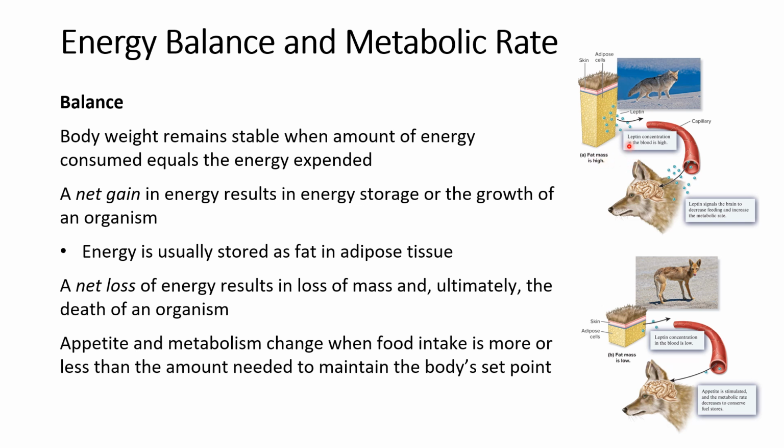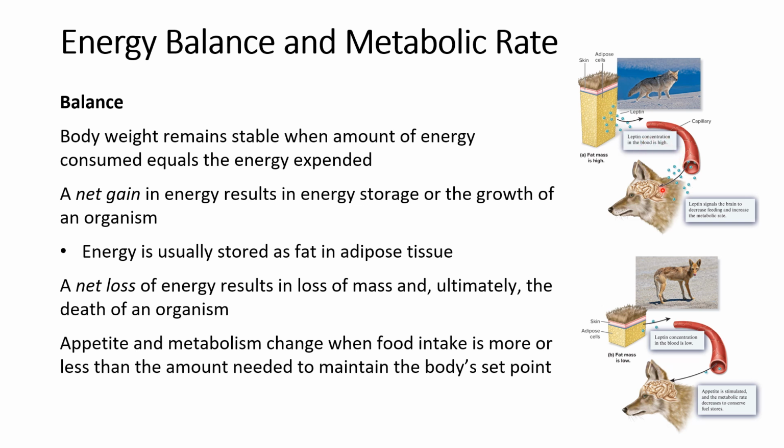Let's look at the example of leptin. In wild animals, there is this notion that if you have a high body mass, or a lot of adipose tissue stored, like this wolf at the beginning of winter, who has put on a lot of body mass to survive the winter, but now food is available, he's carrying too much weight, so the hormone leptin will be secreted into the blood.